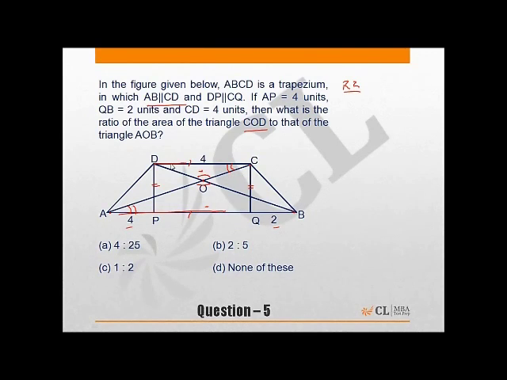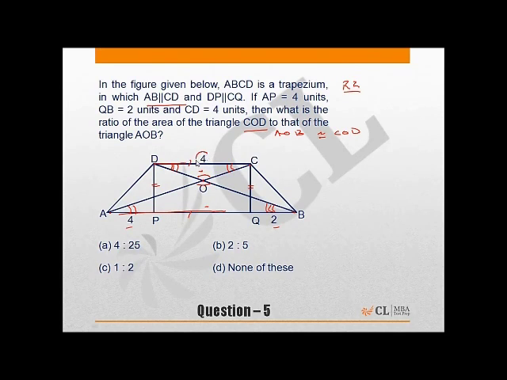Similarly, these two angles will be equal. So I can say the two triangles AOB and COD are similar. Because they are similar triangles, the ratio of area should be square of the ratio of sides.